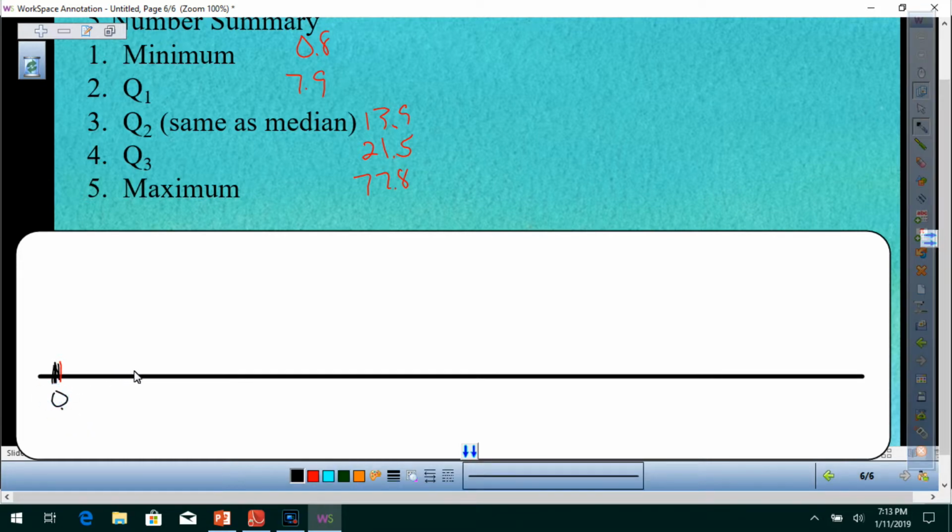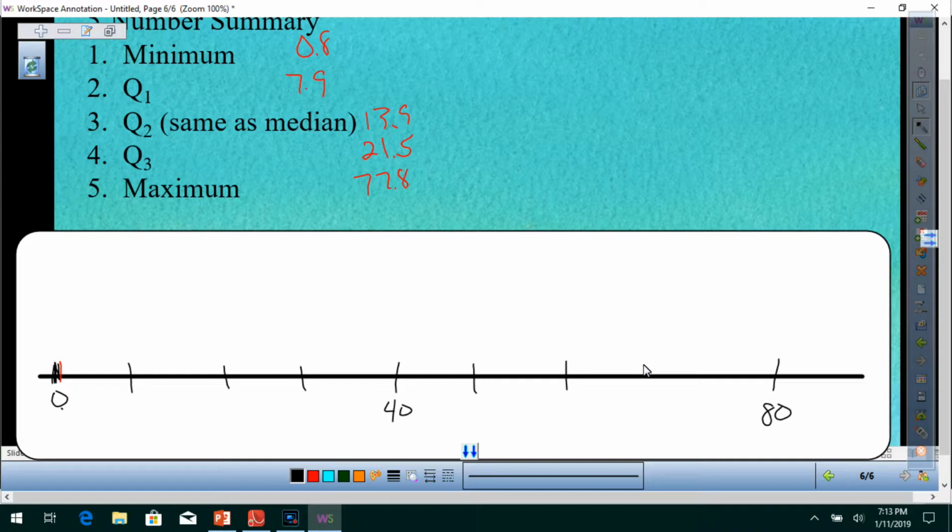0. And my highest number is 77.8, so I'm going to put an 80 right here, and maybe halfway in between, put a 40. And 10, 20, 30, and then 50, 60.